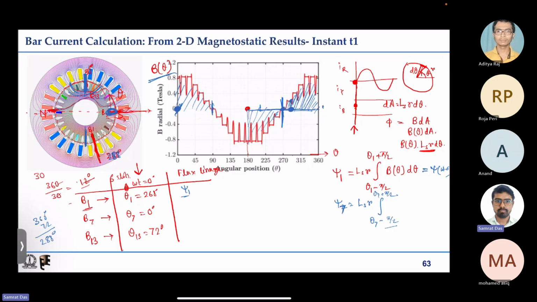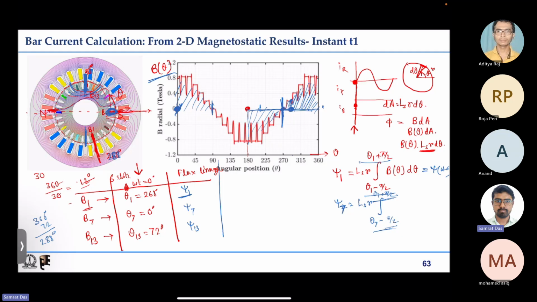So at this given instant, say omega t equal to 0 degree, I'll get back to these limits, but it is possible to calculate the flux linkage of this particular bar. So psi 7, psi 13, all this can be calculated. So we can plot the flux linkages of all these different bars.